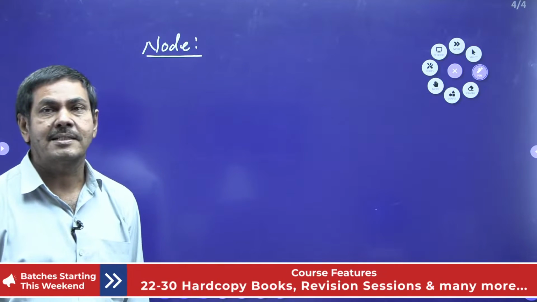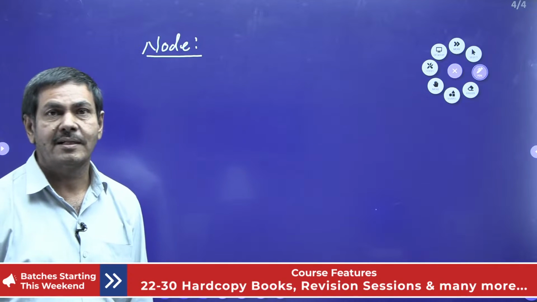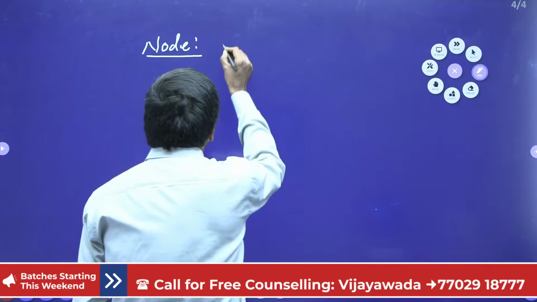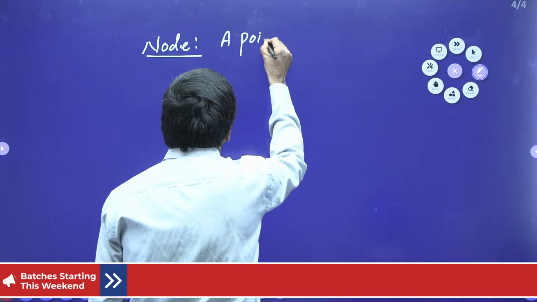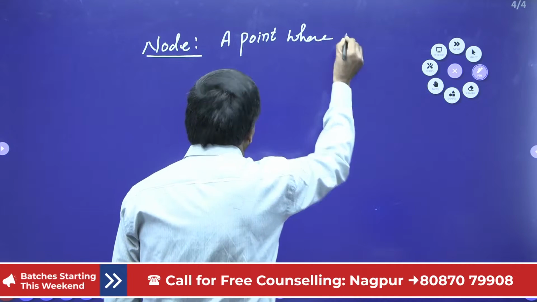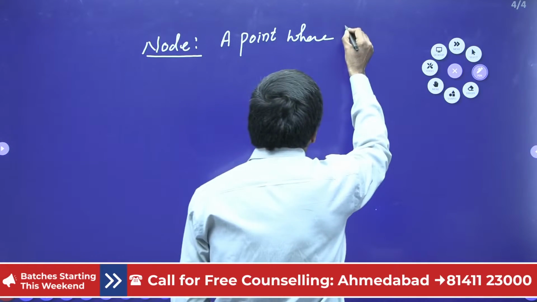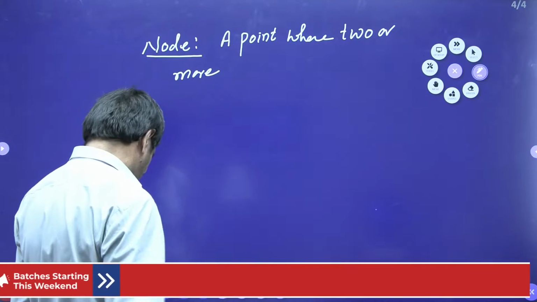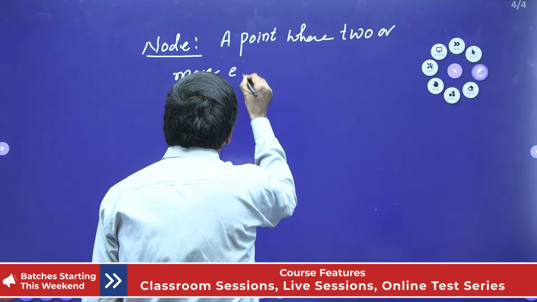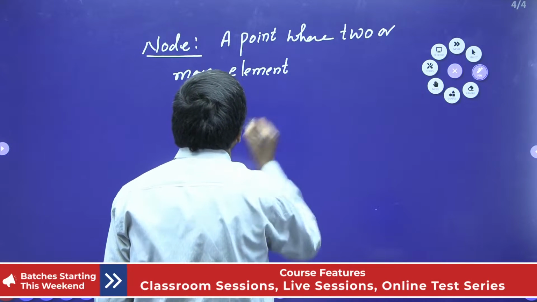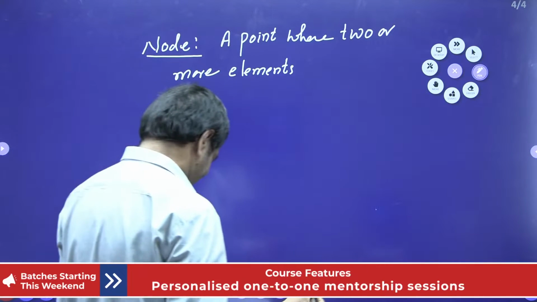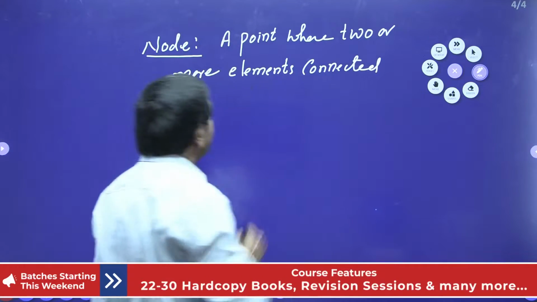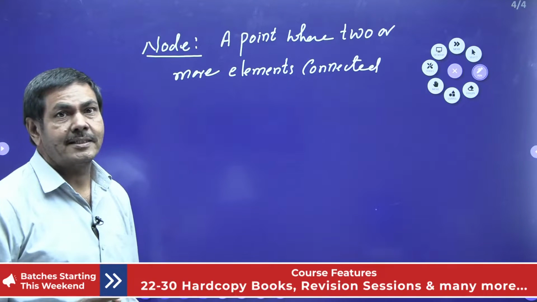Whenever we are applying nodal analysis and mesh analysis, we are going to use the node. The definition of the node is given as a point where two or more elements are connected. A point where two or more elements are connected is called a node only.